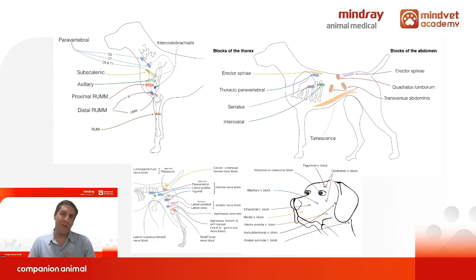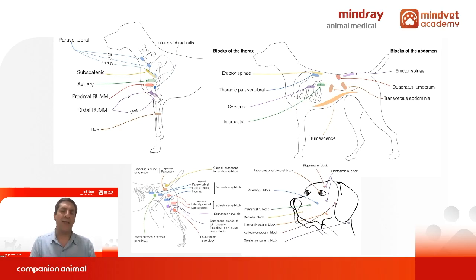Well, we have a lot of different techniques that allow us to desensitize every single region of the whole body: thoracic limb, pelvic limb, thorax, abdomen, head, etc. We are going to speak about the different approaches in the next webinar.